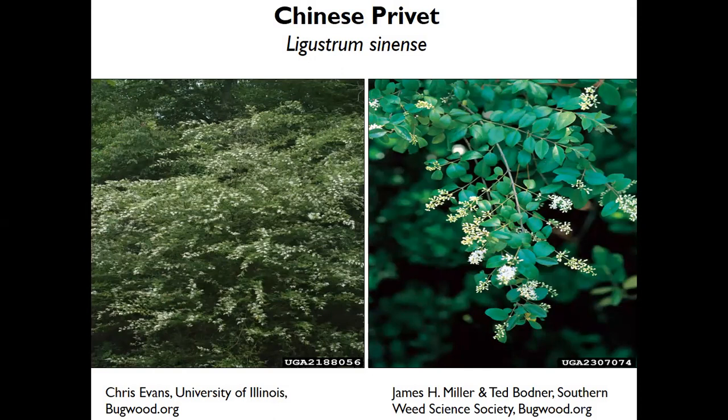And we'll start with, the first one up is Chinese privet, which is one of the worst invasive plants in our area. There are several different species, and distinguishing among them can be difficult.